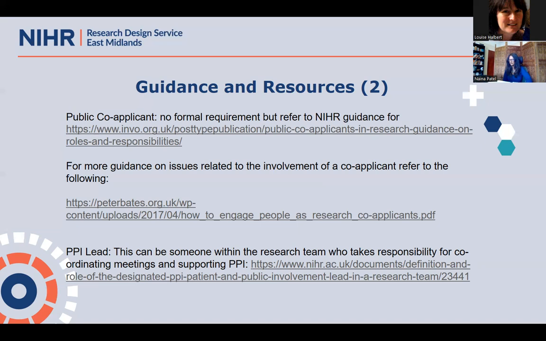As I said earlier, the exact role and the responsibilities of the co-applicant will need to be discussed with the research team. And public co-applicants are not the same as the PPI lead, who can be a member of the research team that has a responsibility for coordinating PPI advisory group, arranging meetings, venues, payments, etc.